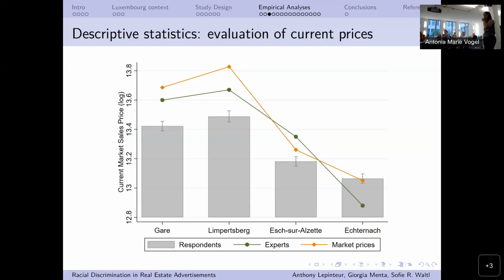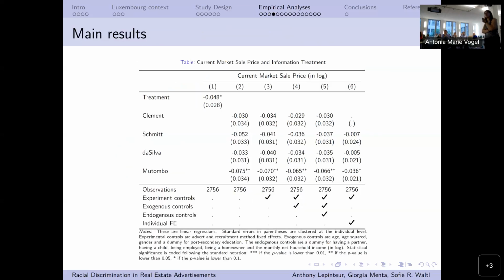But we also looked at the average prices per square meter according to a national register. And when you look at the relative differences, people say something quite okay. So people are also not too bad at evaluating houses. So we think we can trust that people did not just say anything, but were really thinking about it when they were evaluating these properties.